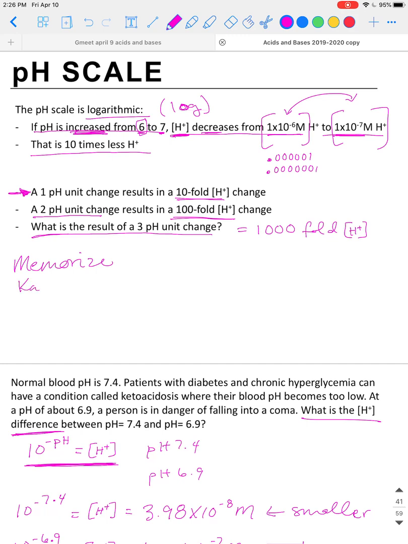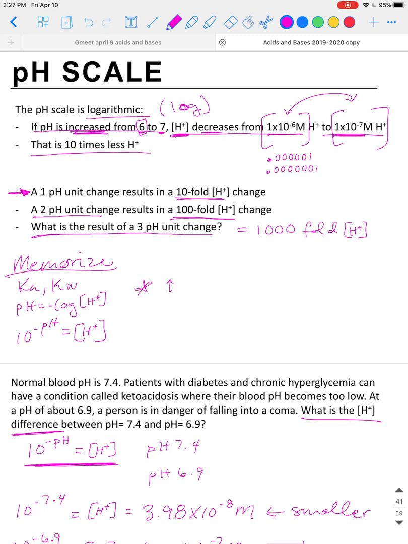Obviously you need to know the equation for Ka and for Kw, but you also need to know that pH equals negative log of H plus, and that 10 to the negative pH equals the concentration of H plus.